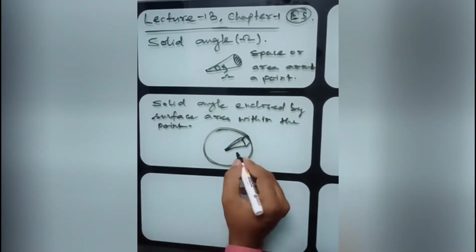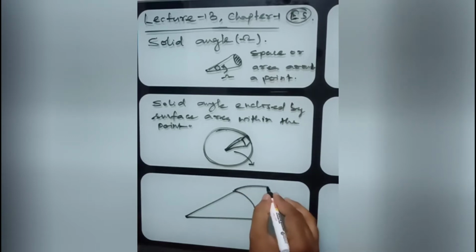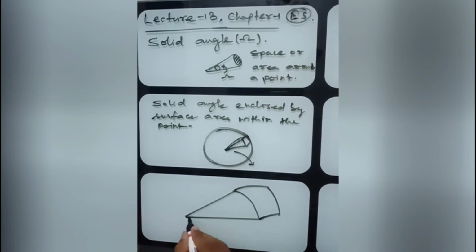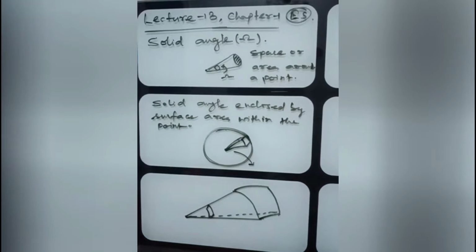If you take this piece out from here, you will find the shape in this way, and this portion goes to this point. This watermelon section will give you this particular opening, which gives you the solid angle, and this surface area is giving you the solid angle.